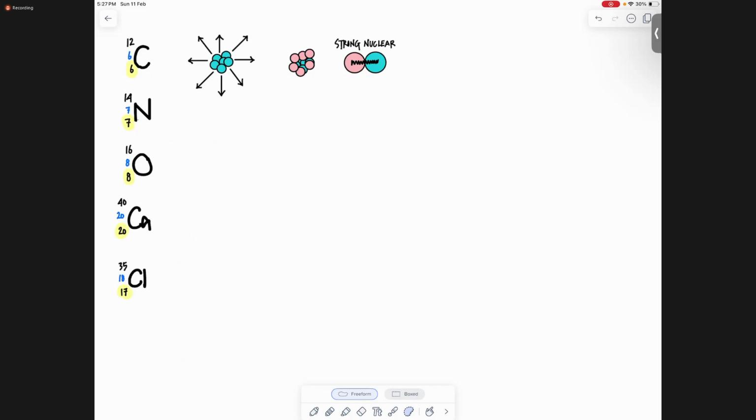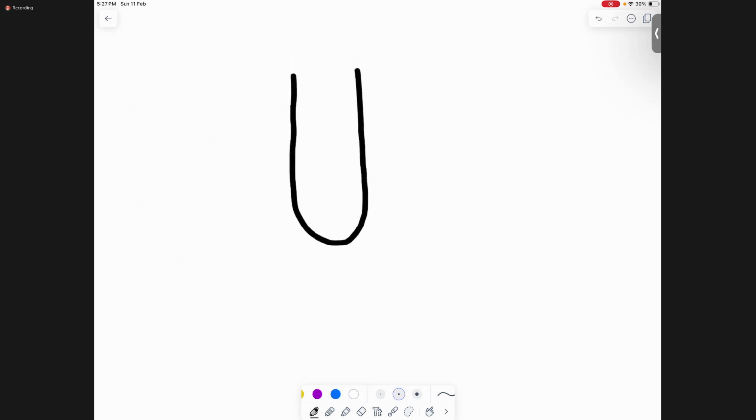But then something happens. You end up with elements that are uranium-like. So uranium is an element in the periodic table, right? And it has 92 protons and 235 mass number.